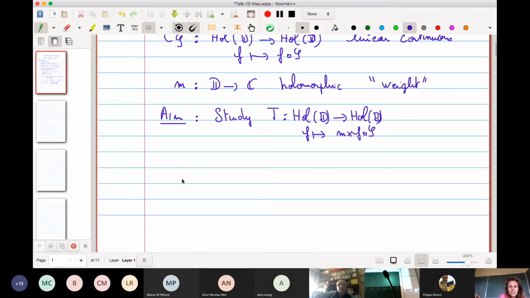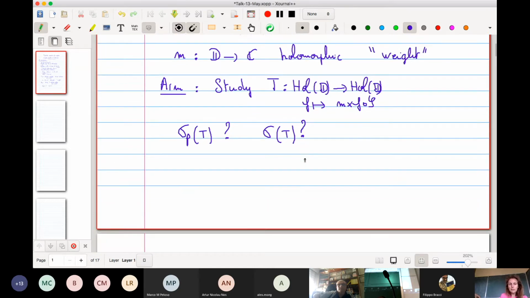So the questions we are interested in are: what is the point spectrum of T? And what is the spectrum? Okay, so being in the point spectrum, just recall this definition, which is well known.